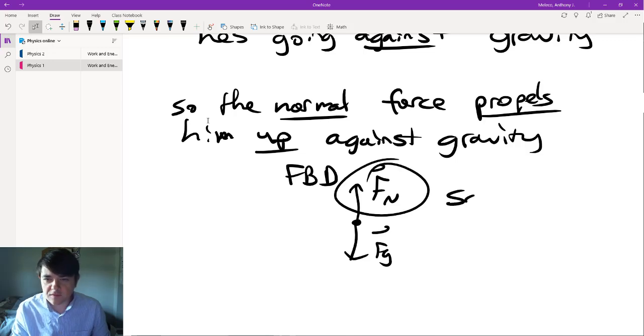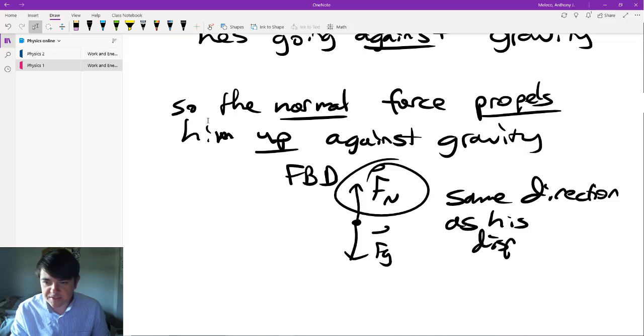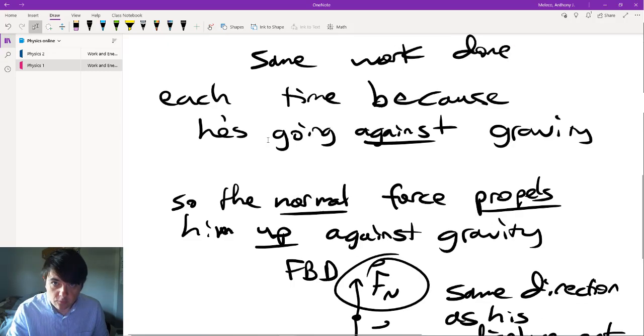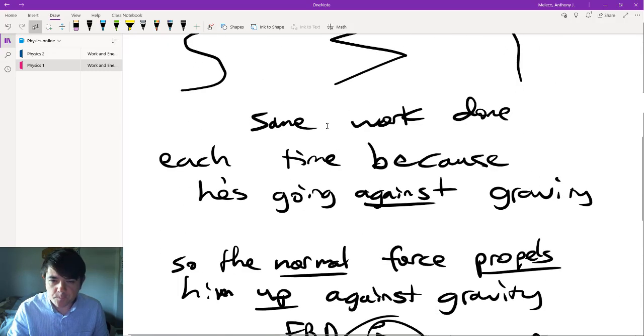The normal force is in the same direction as his displacement, or distance. Displacement in this case, but we've been treating it as distance.